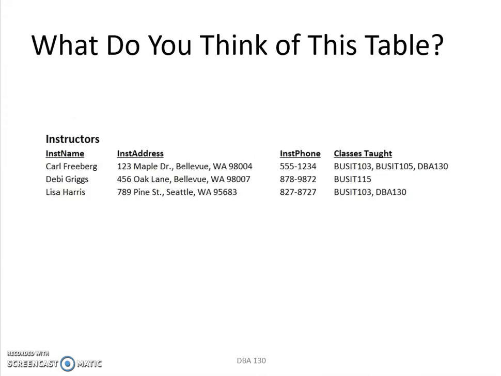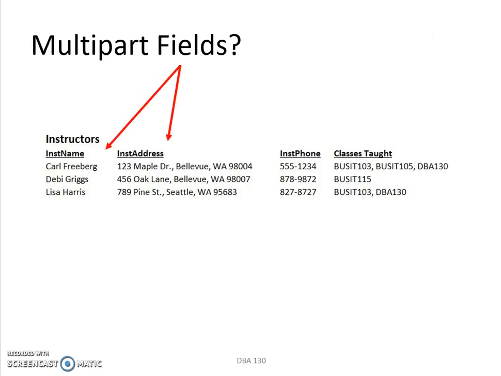what do you think of this table? Are there any issues with it? One problem is that it has multi-part fields. So this first field, instructor name, has a first name and last name. Those should be two separate fields.